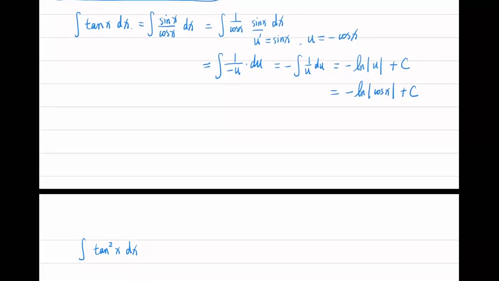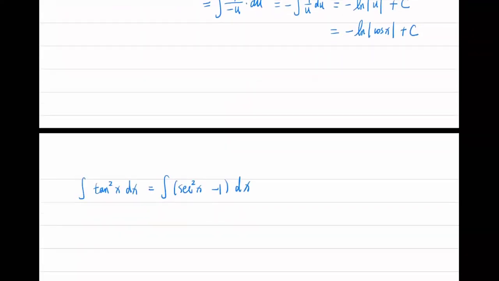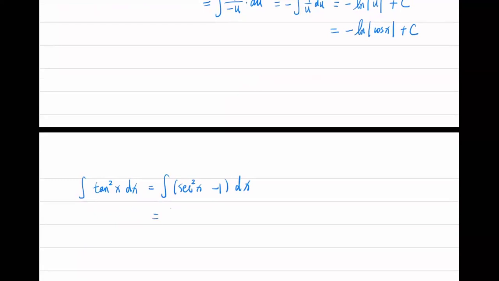So this will be secant squared minus 1. Okay, the integral of the difference is the difference of the integrals.